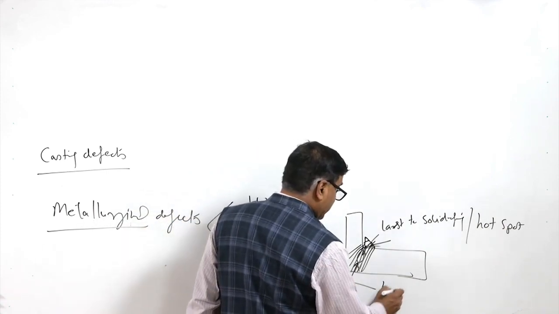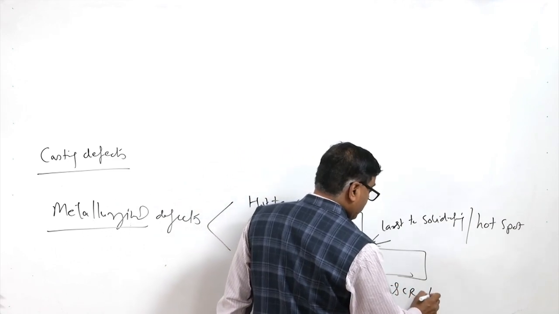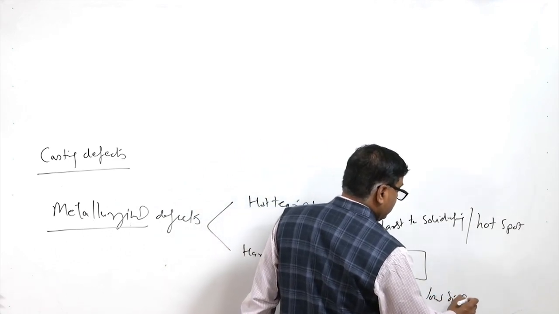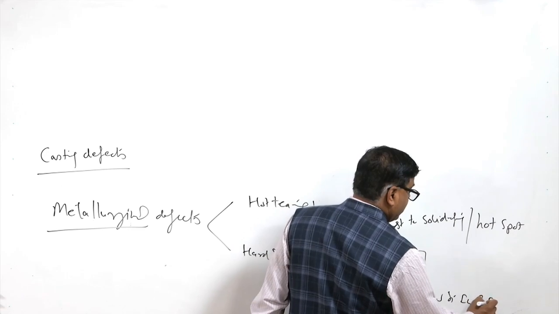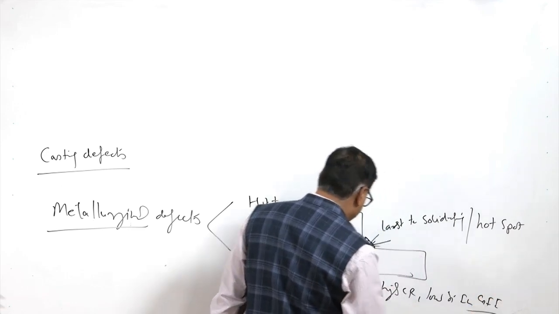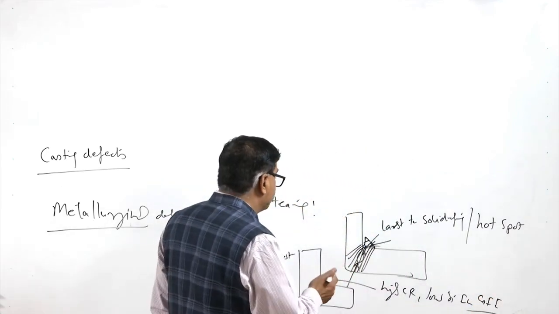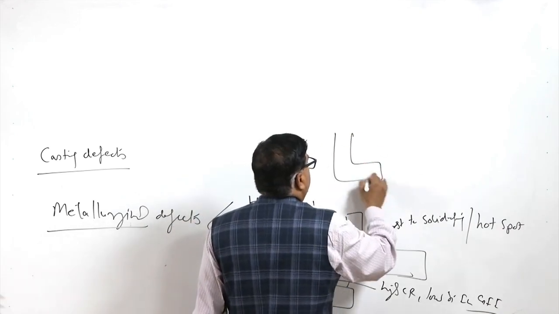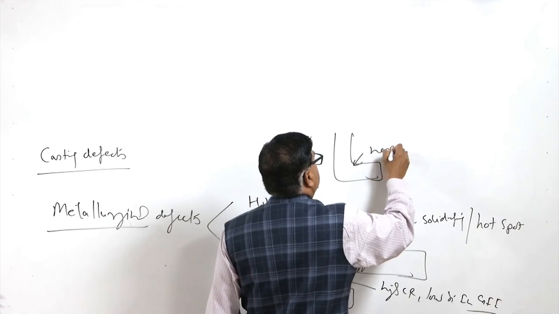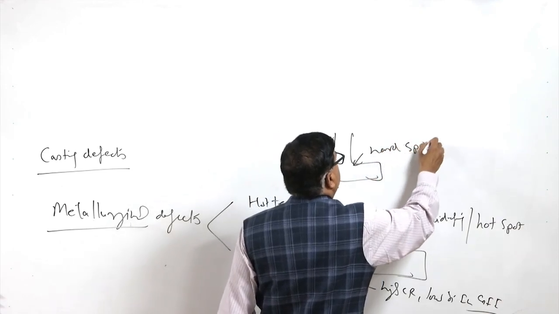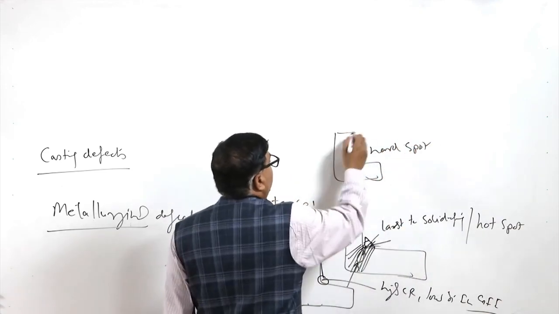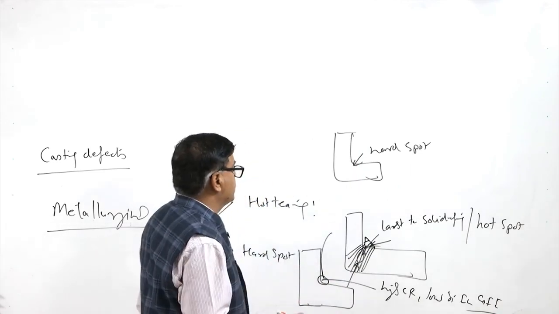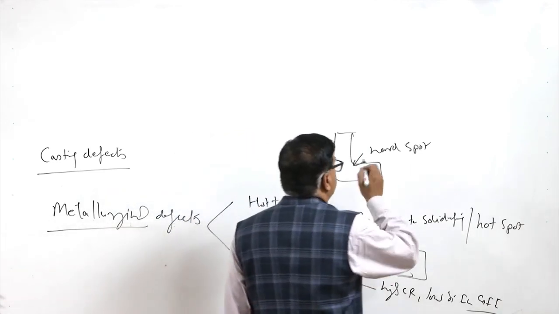Due to the high cooling rate, low silicon in grey cast iron can lead to the formation of white cast iron. So, basically this leads to the formation of a hard spot in this area. To avoid the hot spots or the shrinkage cavities, we use chills.